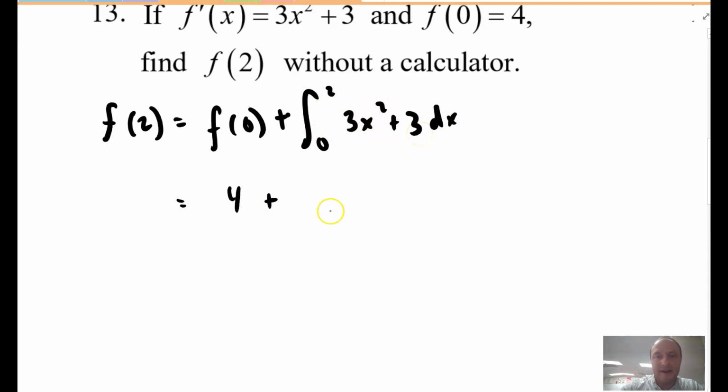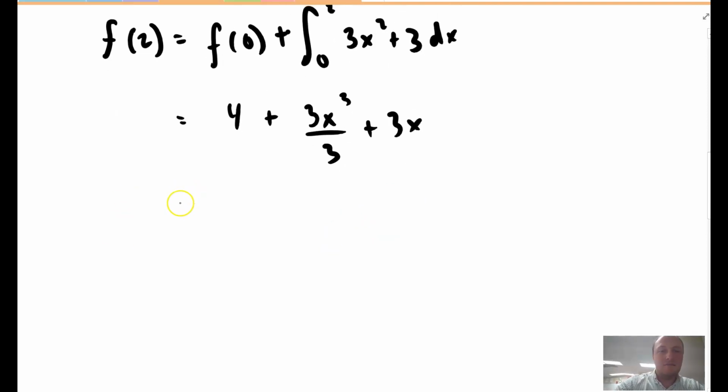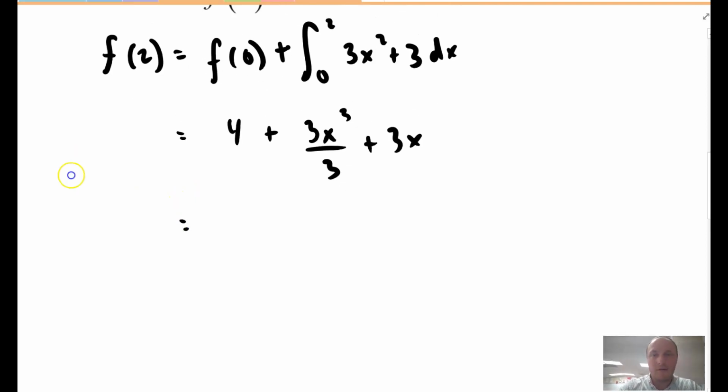So I'm going to go ahead and integrate. I have 3x cubed divided by 3 plus 3x. So I'll clean this up. And we get 4 plus, sorry, I need to evaluate this from 0 to 2.